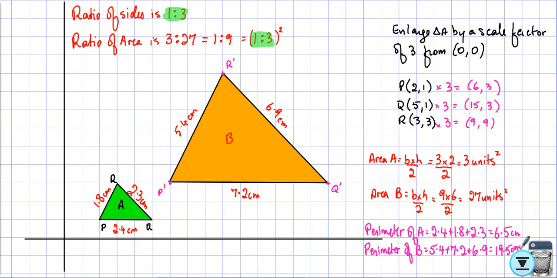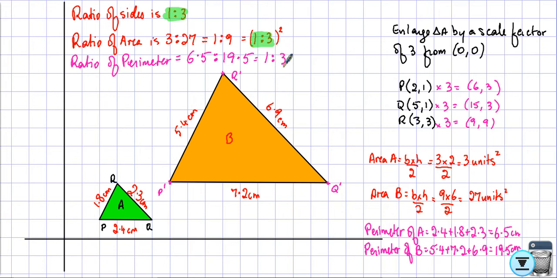So, if I had to write the ratio of the perimeters, the ratio of perimeter of triangle A to triangle B is 6.5 to 19.5, which can be simplified, dividing by 6.5, to 1:3.